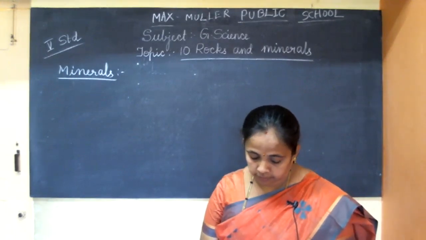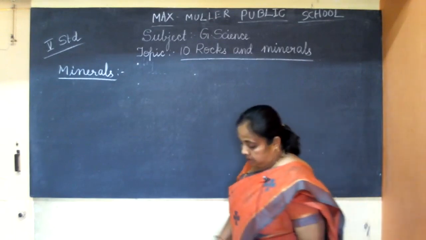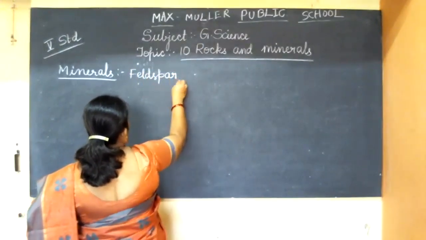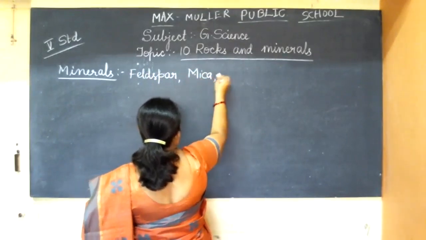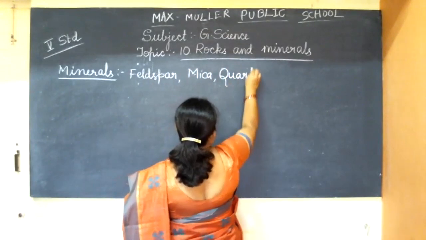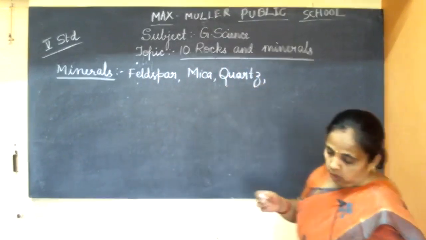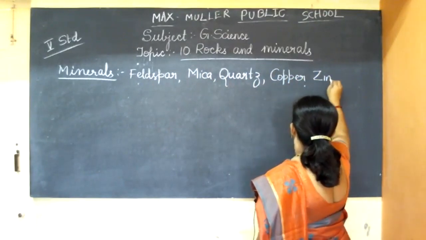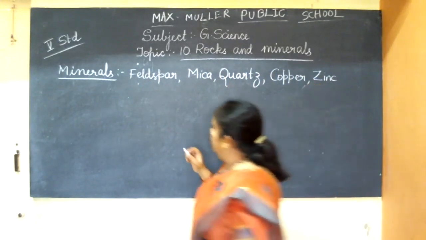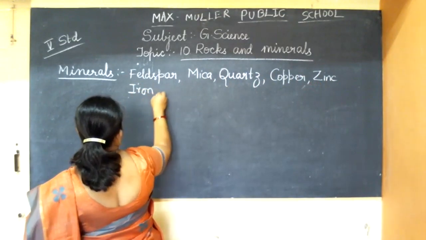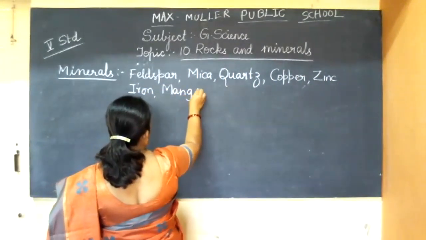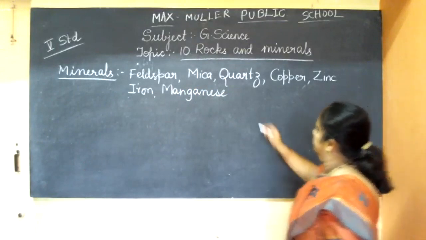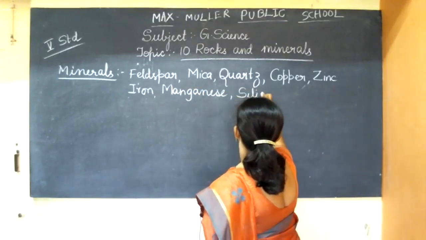So now we'll give examples of a few minerals. Examples of a few minerals are feldspar, mica, quartz, copper, zinc, iron, manganese, and silicon.